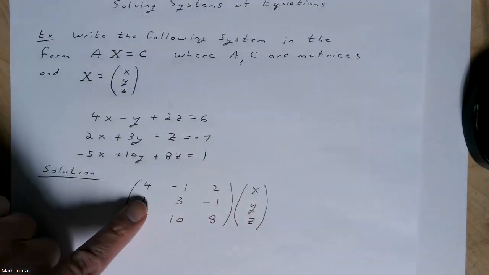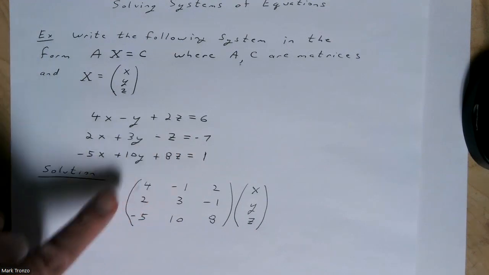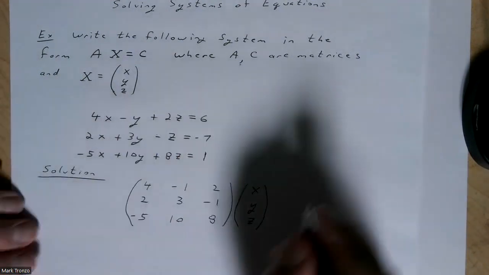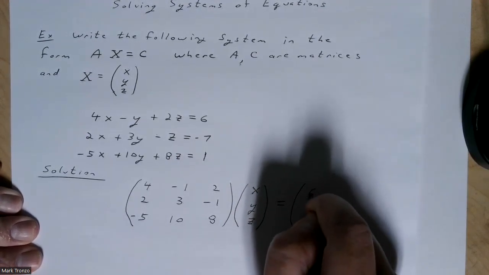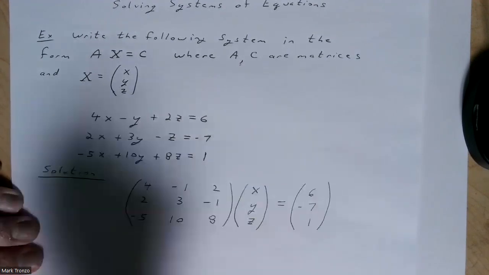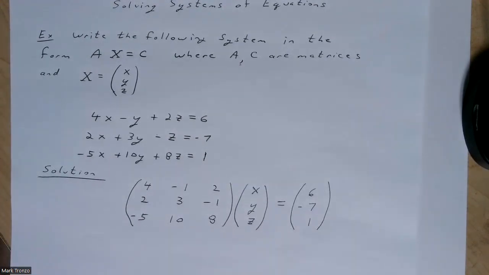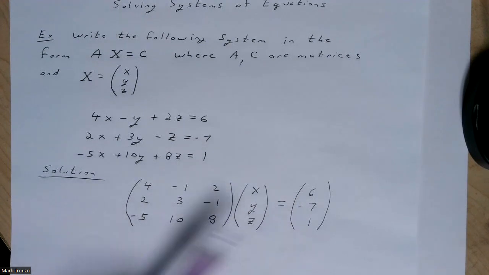In other words, if you multiplied this vector in, you would get this, this, and this, except we also need the right-hand side here. And we have it like that. So in effect, we factor out this vector x, y, z, and put the right-hand side as a vector, and then have our matrix here.